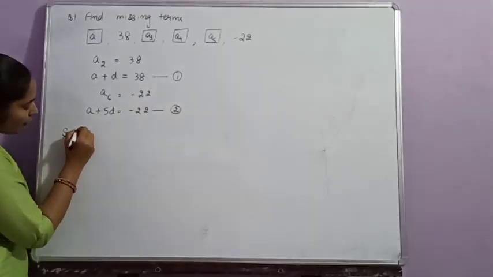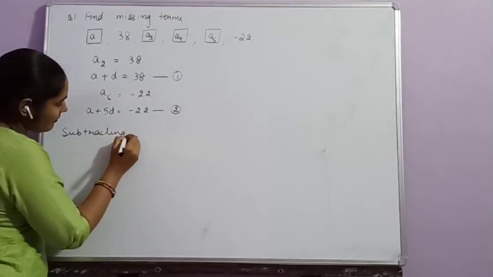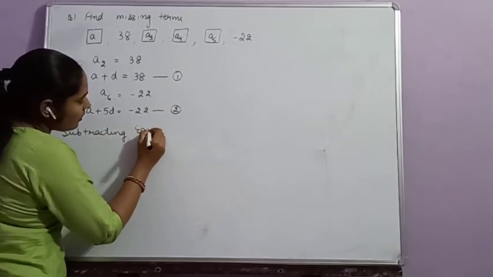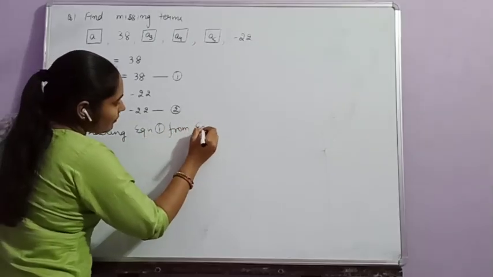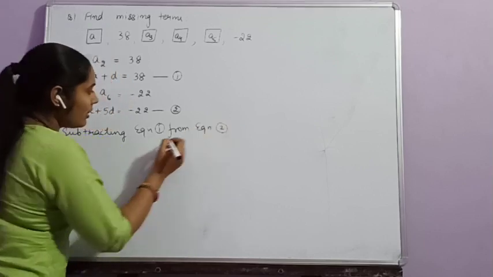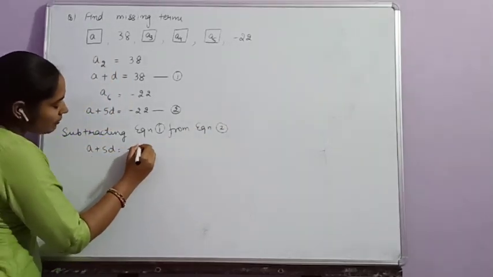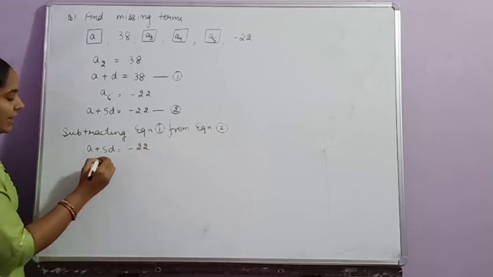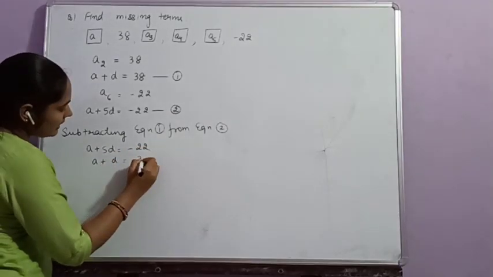Subtracting equation 1 from equation 2. a plus 5d is equal to minus 22, that is the second equation, and the first equation is a plus d equal to 38.